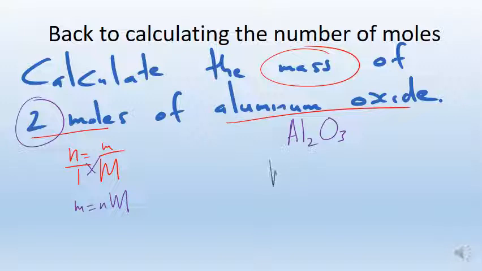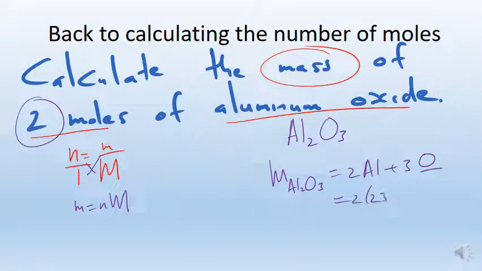So the molecular mass of Al2O3 would be 2 aluminiums plus 3 oxygen atoms. 2 times aluminium is 23, and 3 times 16. So that tells me that is 46 plus 48. 6 and 8, 14, that's 94 grams per mole.